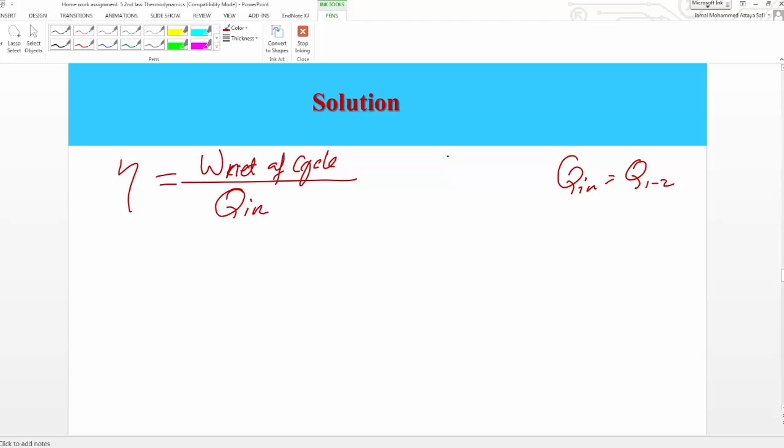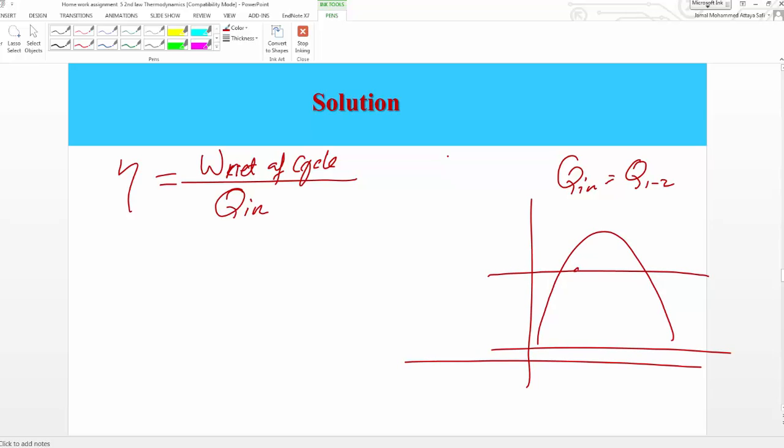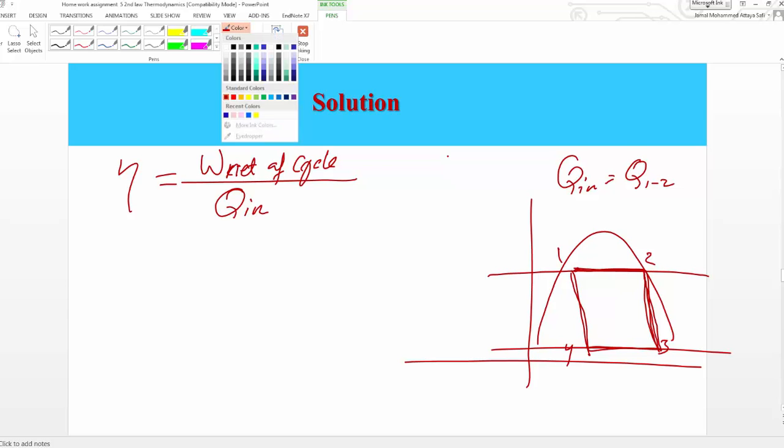And the work of the cycle, I can also again draw this here. This is my cycle, 1, 2, 3, 4. And I have done work here, here, here, and here. Two are positive, so this is positive expansion, and the other portion I can do with a different color. We know that from here to here, this is compression, and from 1, 2, 3 is expansion.